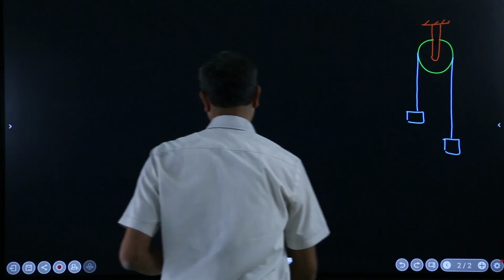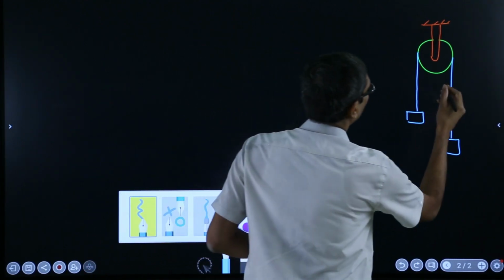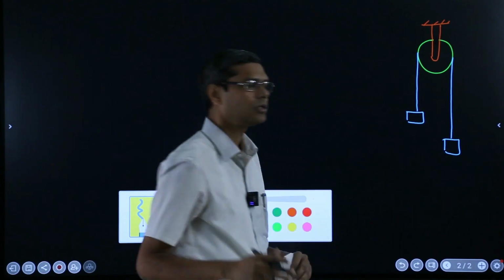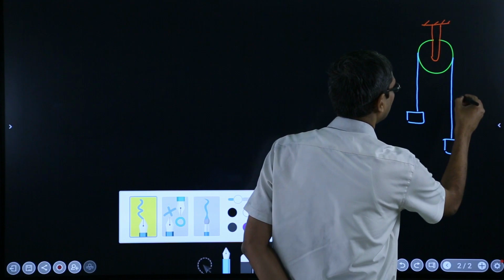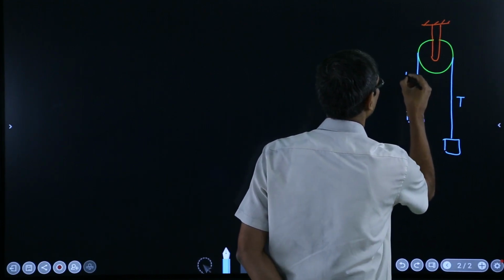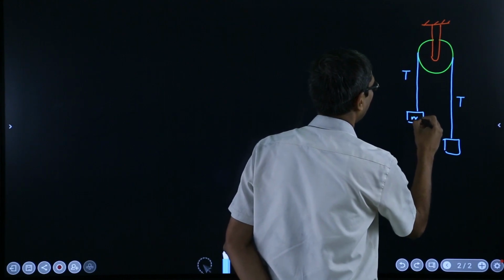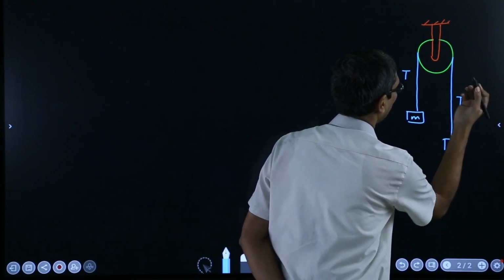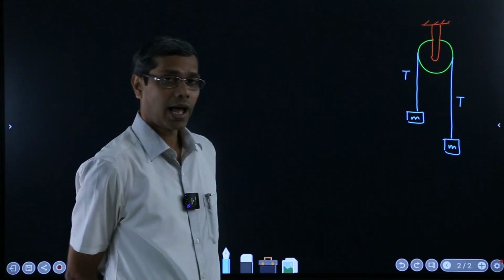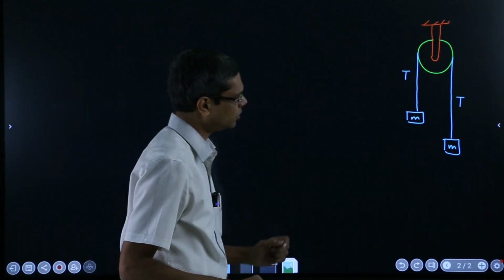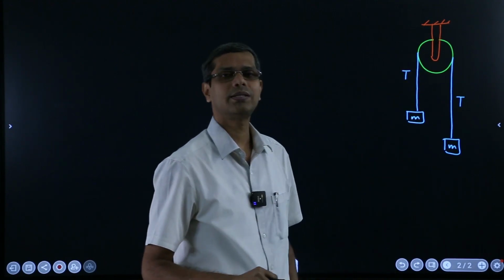If it is so, then the tensions you always took the same on both sides, right? So this you said tension T, this you said tension T, and suppose both the masses are M and M, so both the tensions were mg, and you could do that because you assumed that the pulley is frictionless.